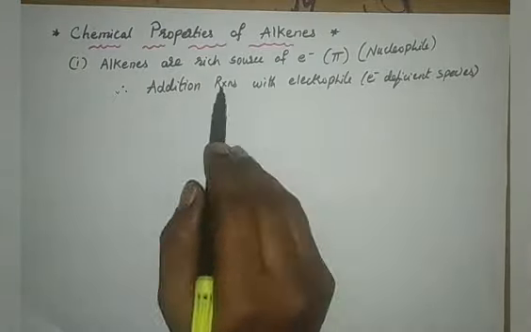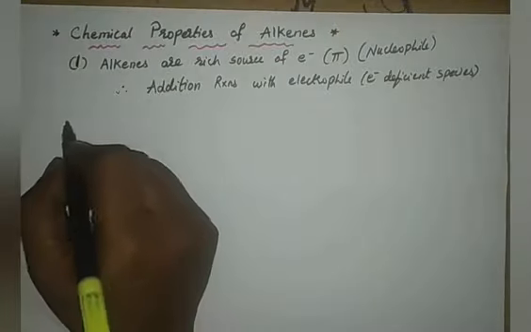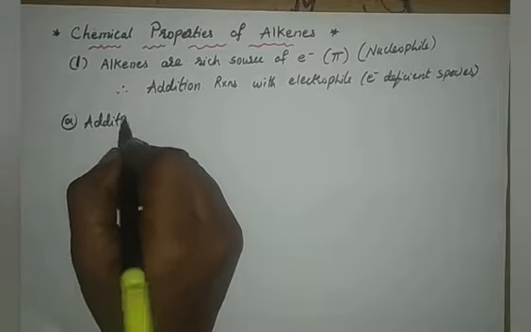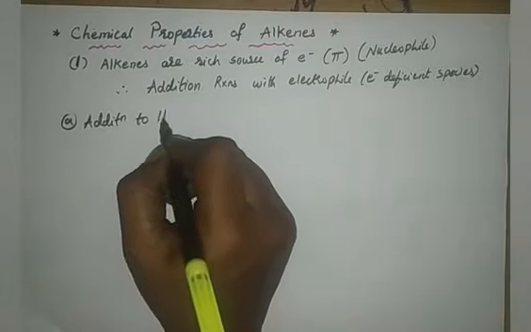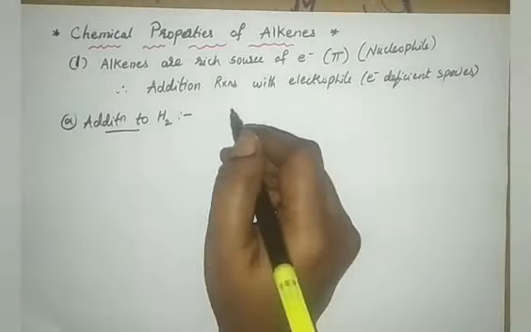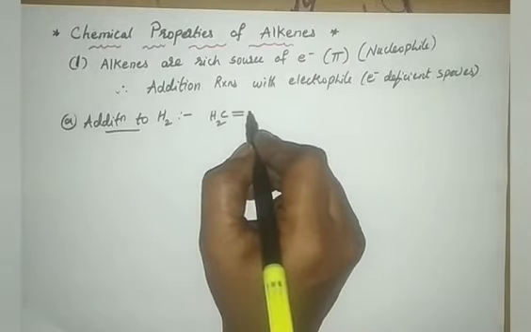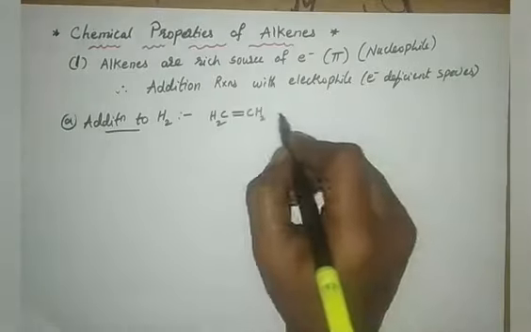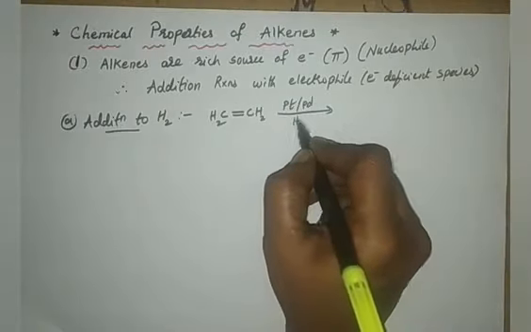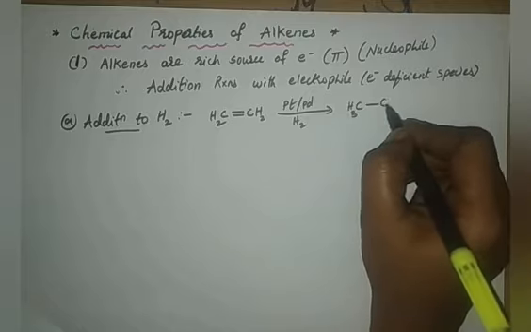Okay, so the first reaction is the addition reaction with dihydrogen. Dihydrogen is represented as H2, right? So for any alkene, let me take simply ethene, on reaction with a catalyst like platinum or palladium in the presence of H2, it is converted into ethane.